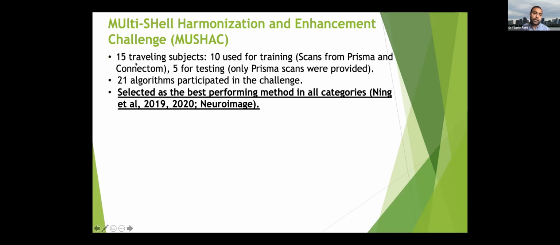They had a total of 15 traveling subjects on 2 different sites, or 3 actually, but 2 is what we consider here. 10 of them were given out for us to figure out a learning or mapping or whatever we want to do with it, and 5 were kept for testing. They were not given to the people. 21 different algorithms participated in the challenge.